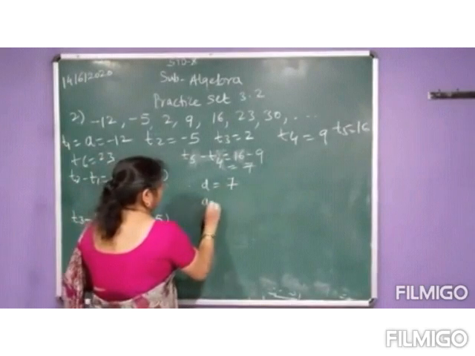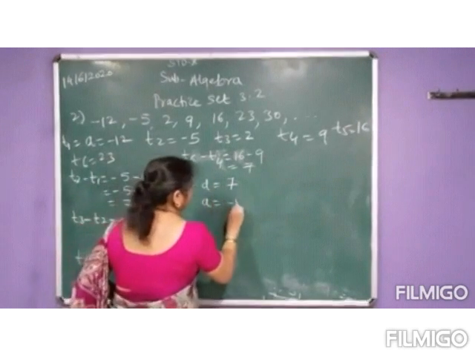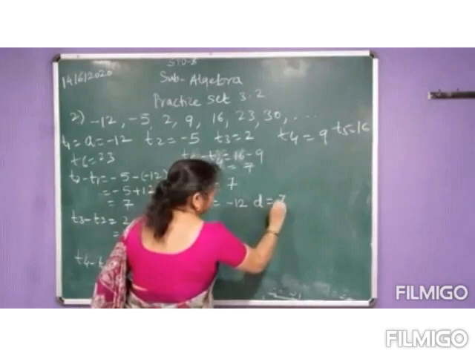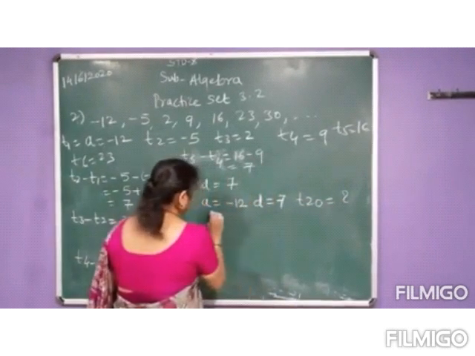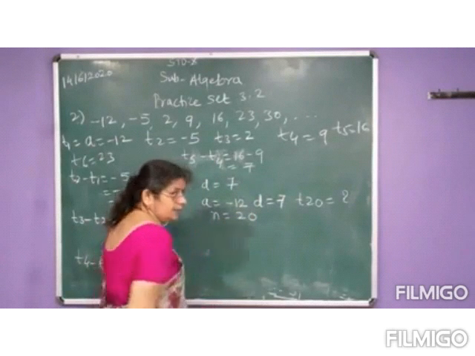So you know A is minus 12, D is 7, and you have to find out T20. That means N is 20.